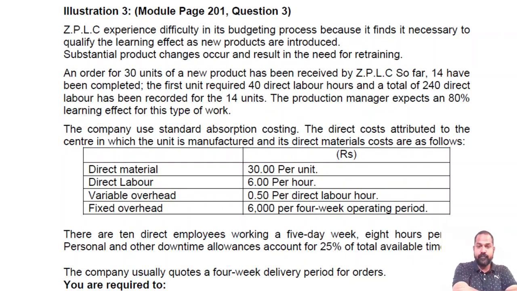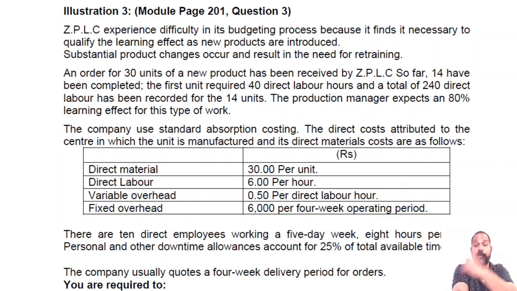Second line. An order of 30 units of a new product has been received. So they've received an order of 30 units. Okay. So far 14 have been completed. Okay. So you've received an order of 30 units. You've started producing it. And you have produced how many units? 14 units. Okay. The first unit required 40 direct labor hours.